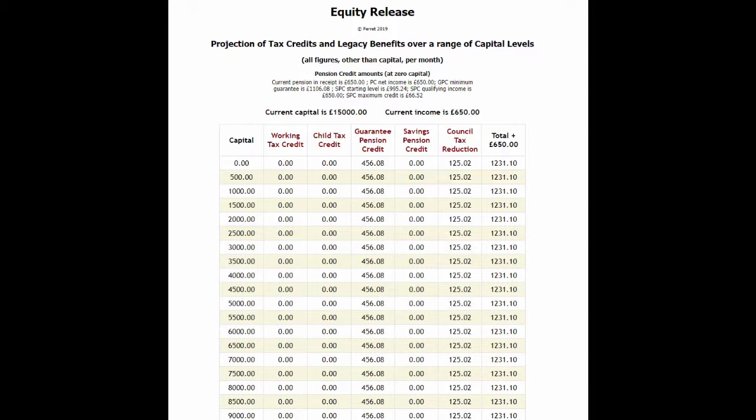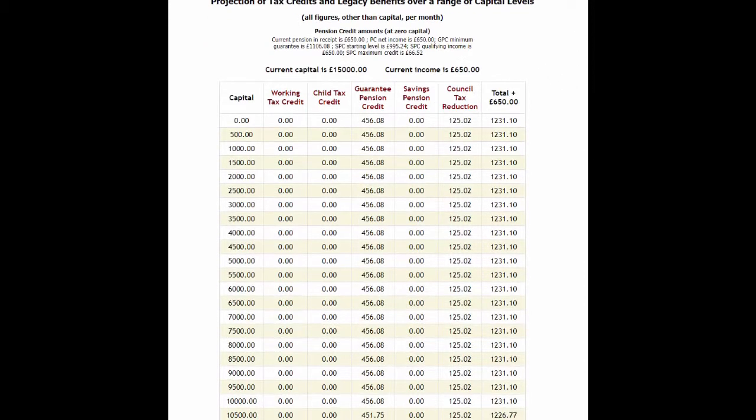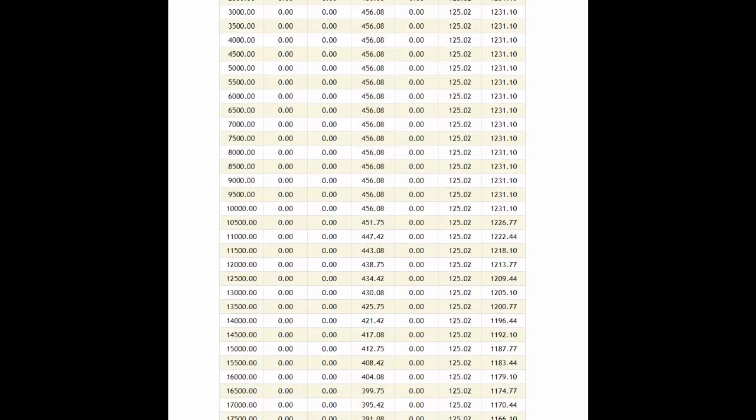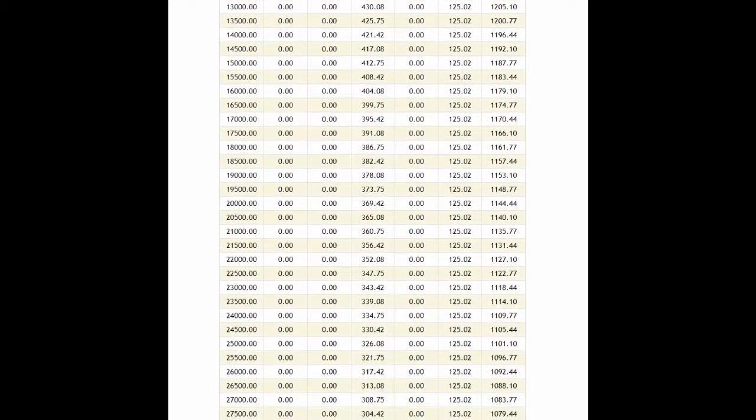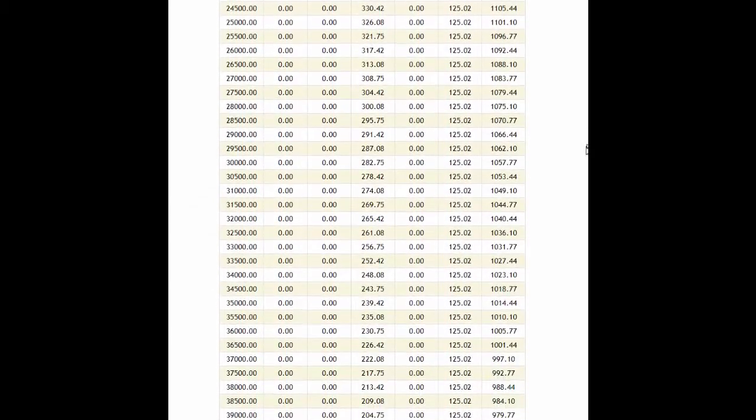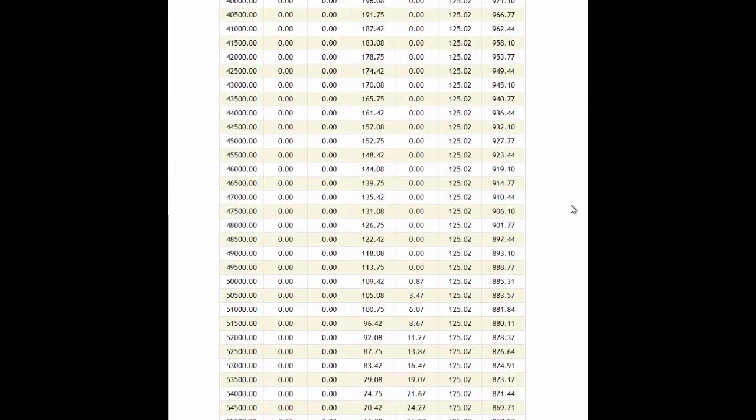Because they are both over pension age for claiming the old state pension, they still retain an entitlement to savings pension credit. It's just that the calculation doesn't give them anything. But as their capital increases, what happens down near the level of £50,000 is that suddenly they begin to become entitled to savings pension credit.